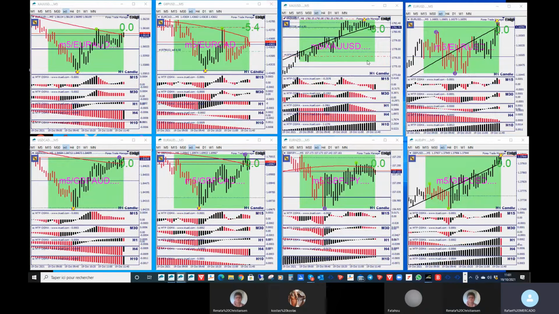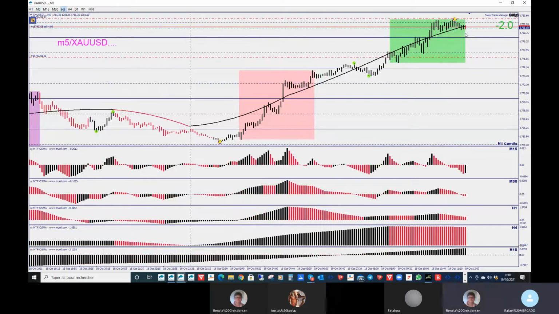Okay, gold seems to be setting up, but as you said, the 5 minute changed color. So the 5 minute, yeah, it just changed. That's a good thing. 30-minute transition.